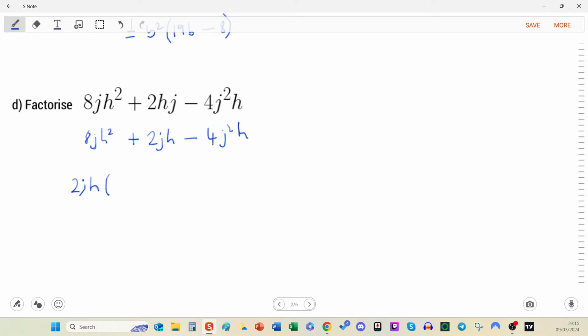If you want to do it more methodically, because it's very difficult, the act of taking this out can be seen as a division, because its opposite, where we were to expand, is actually a multiplication. So we could see at the side 8JH squared divided by what we took out, which is 2JH.